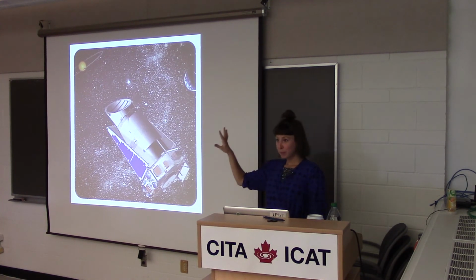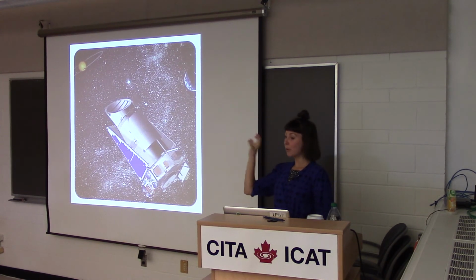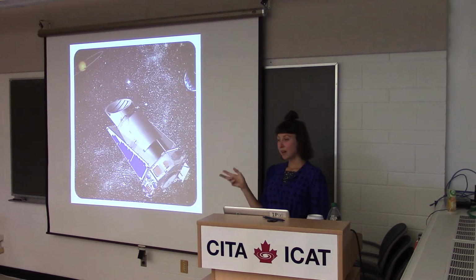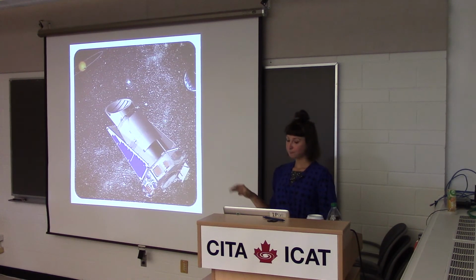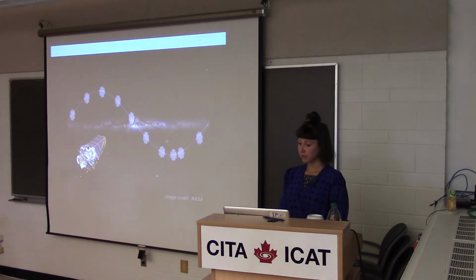And it was extremely precise, because its pointing precision was so incredible. However, in 2013, one of its reaction wheels broke, and it could no longer point so precisely. So the Kepler team came up with an alternative pointing strategy, and it became the K2 mission.